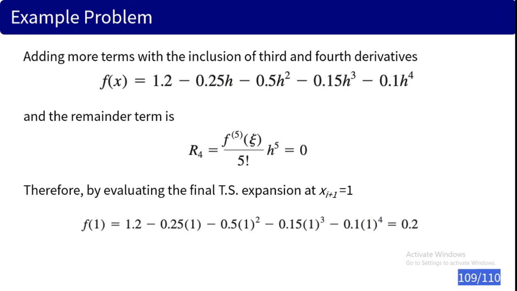Then you will see that the value of f of 1 after the fourth order approximation is equal to 0.2. You can see that after the fourth order approximation, the value we got is equal to the exact value.